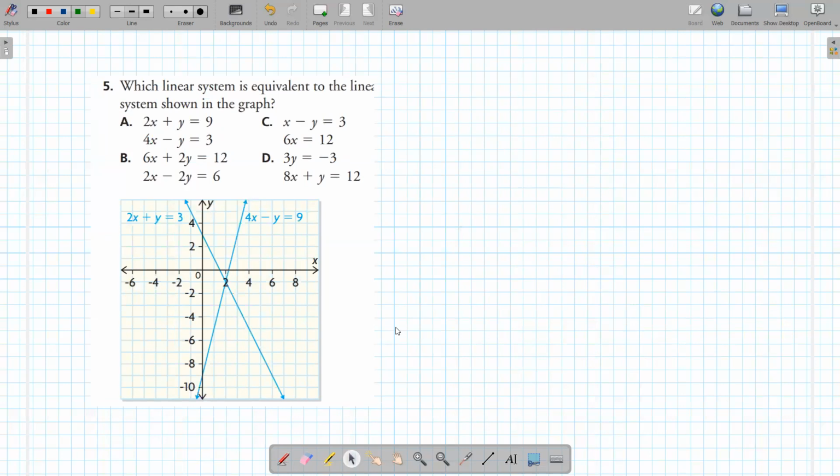It says, which linear system is equivalent to this? What do you think the strategy is here?